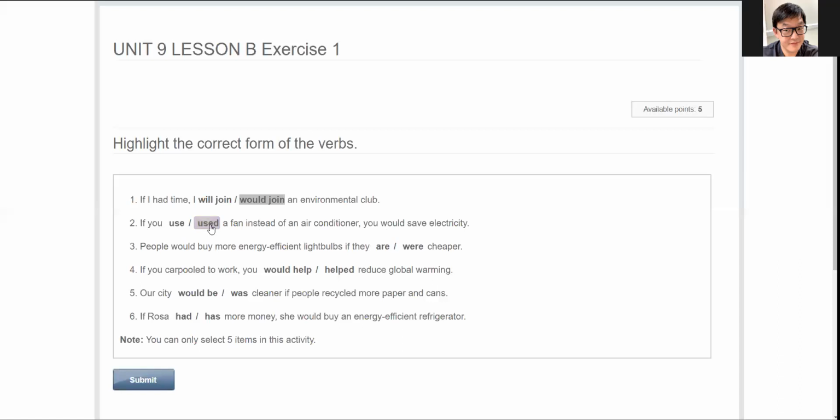Okay? Continue. Number 3, people would buy more energy efficient light bulbs if they are or were cheaper. If they were cheaper.